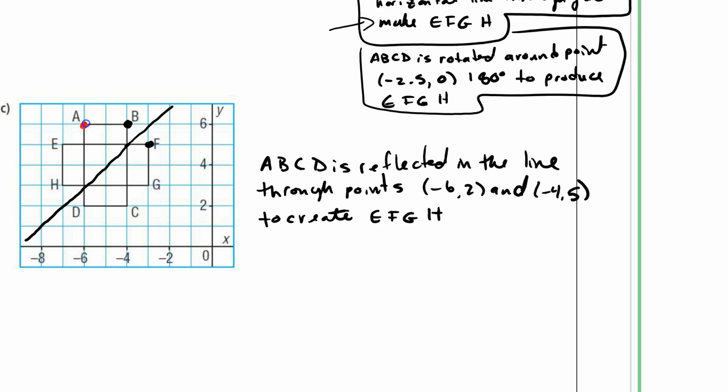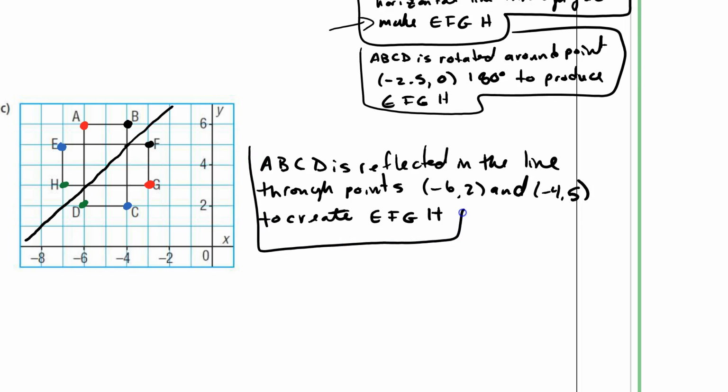We have this point here, which becomes this point. We have this point here, which becomes this point. And we have this point here, which becomes this point. So ABCD becomes GFEH, okay? Because those are the corresponding sides, or the corresponding points of reflection.